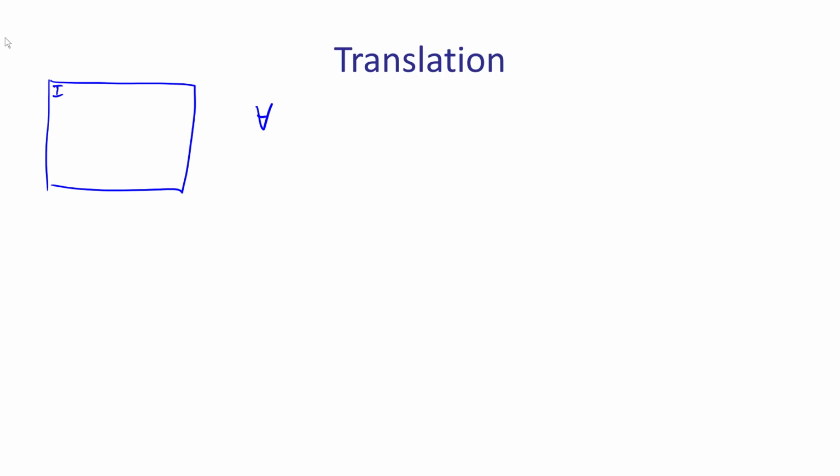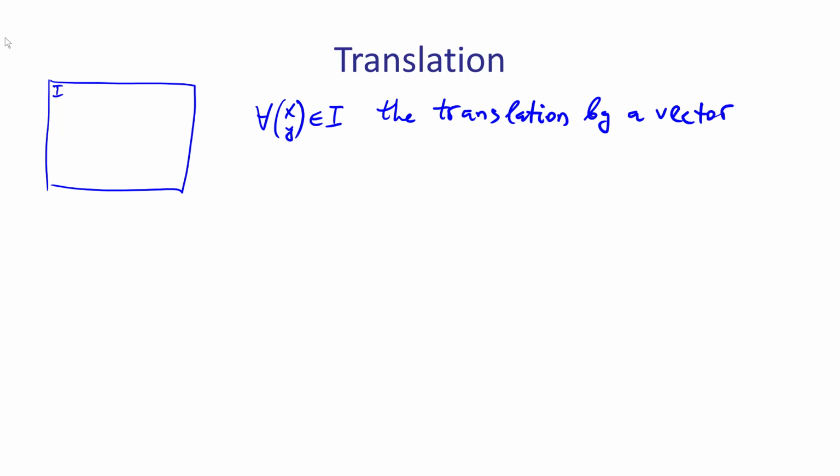So for all coordinates x and y, which belong to that image I, the translation by a vector AB, which means this is some sort of vector by which you want to move that image, every pixel will be the following.